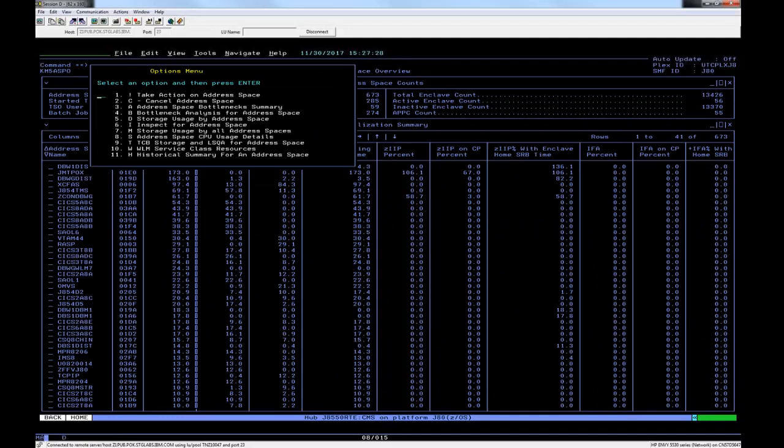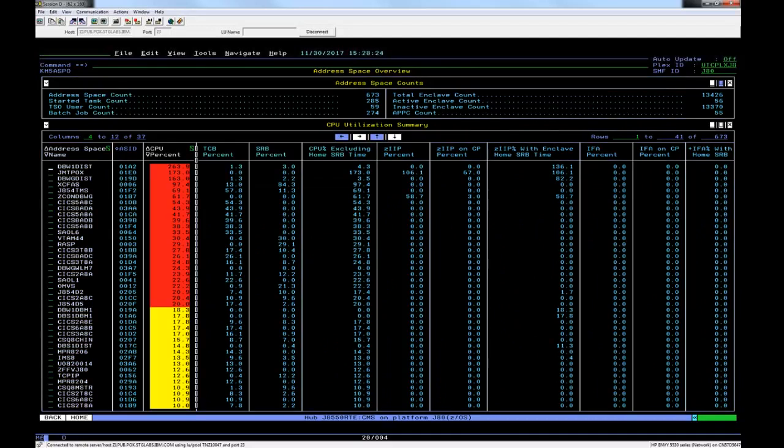This is something that I've used extensively in debugging my own code, but I won't get into that now. That's probably a whole session on how to use that. You can also look at TCB storage, LSQA, and the service class resources, and the historical summary for a particular address space.